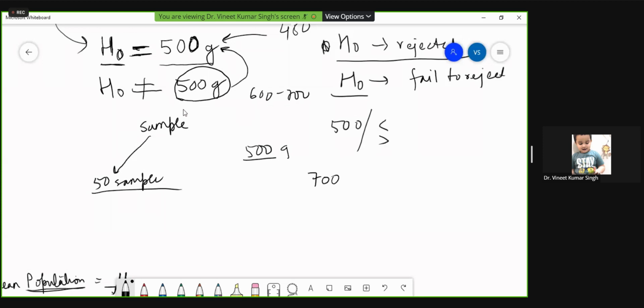So there can be two types of tests: non-parametric and parametric tests.